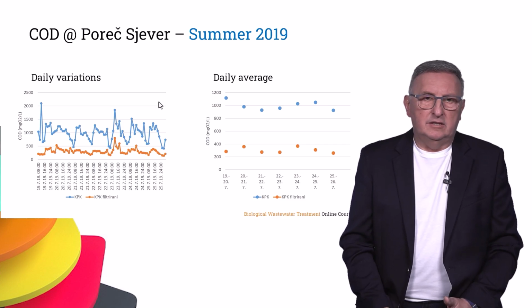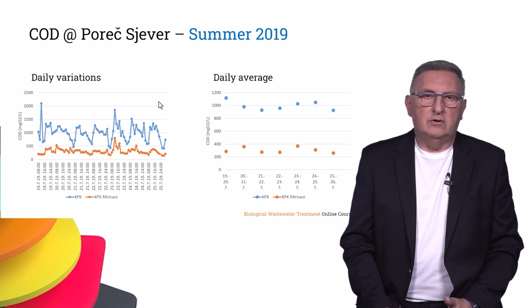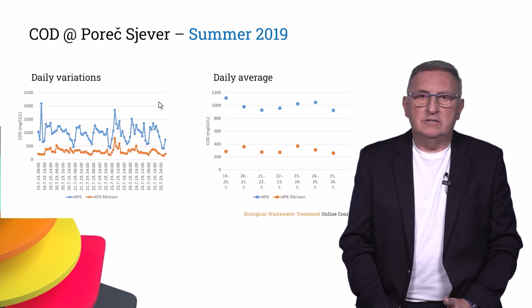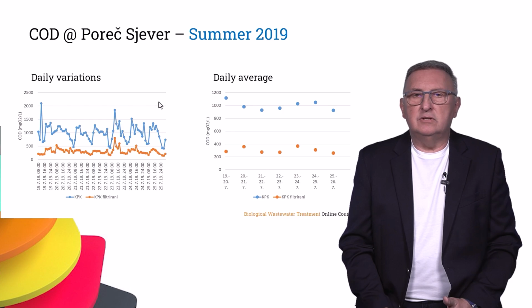The COD is in blue and COD filtered is in orange, red dots. And from this data, we could also collect daily average data. I think we here used 12 samples per day of 2-hour composite samples of wastewater taken by automatic samplers.